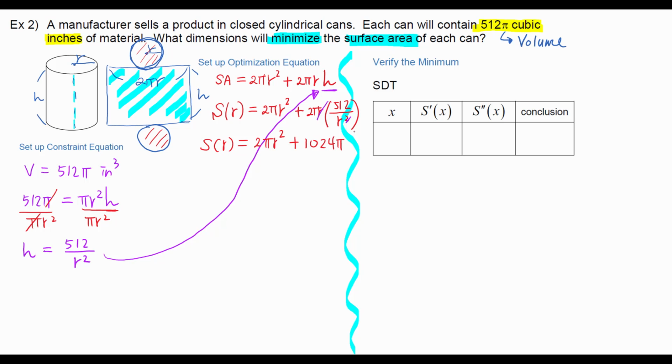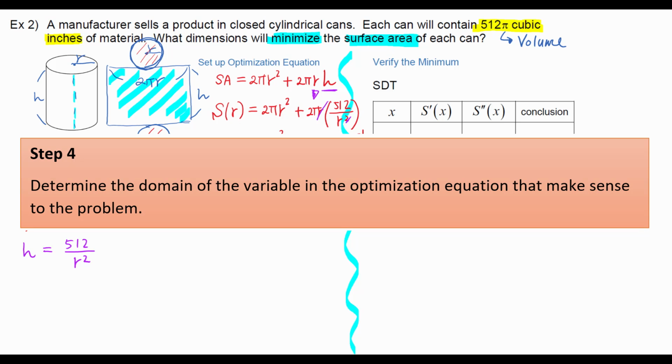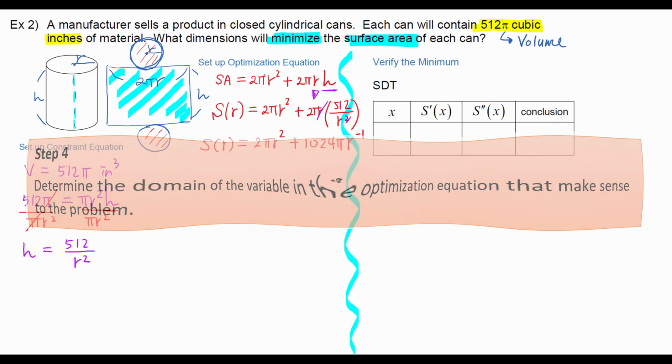And instead of over r, let's make it r to the negative 1 power, so when we take the derivative, it's ready to go. So now that we have the S of r function, 2 pi r squared plus 1024 pi r to the negative first power, it is time to do step 4, determine the domain of the variable in the optimization equation that makes sense for the problem.